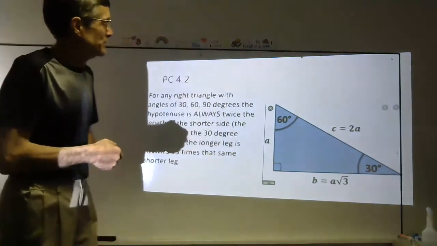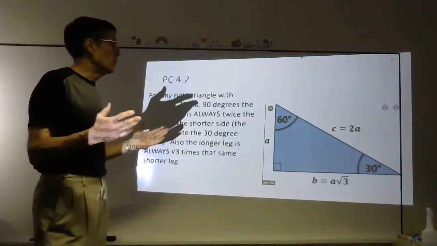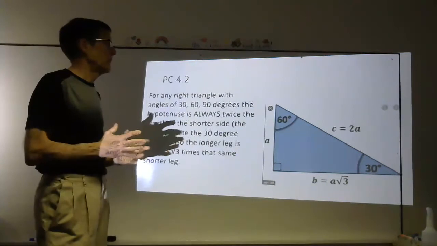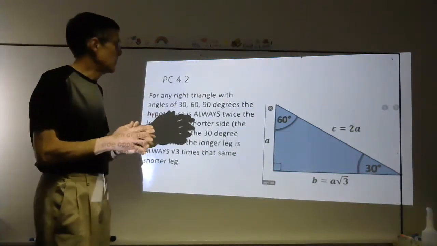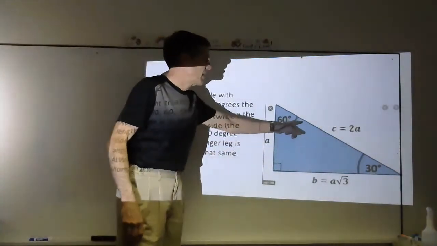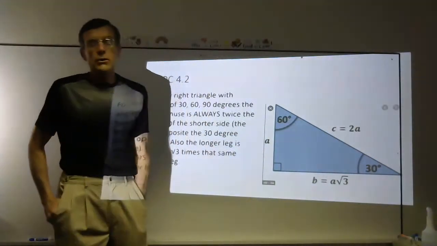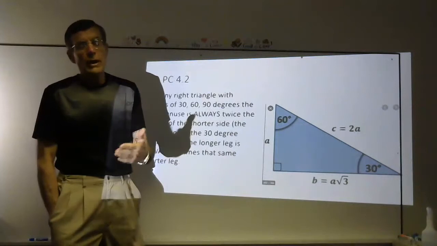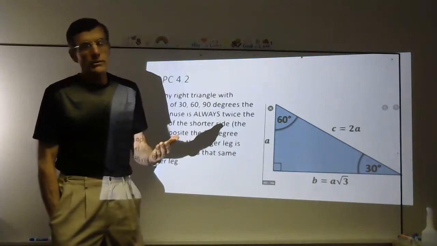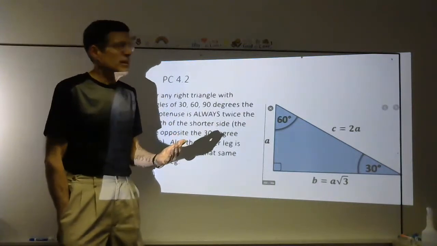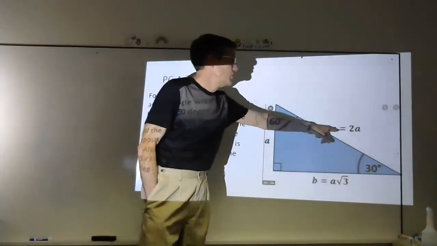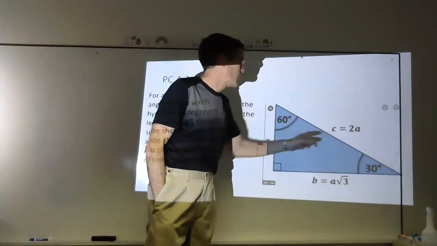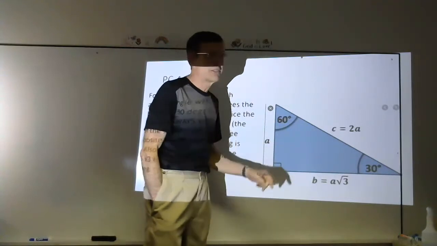So what I want you to see from this is that there's a definitive relationship between the opposite side and the hypotenuse dealing with your angle over there in the corner. It just so happens with 30 degrees, it's twice. And I think I said that backwards. As this side gets bigger, the relationship should get smaller than twice. As this side gets smaller, the relationship should get bigger.